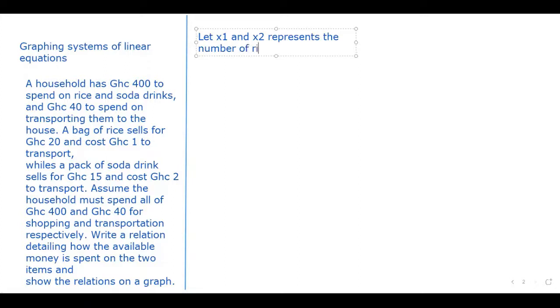Number of what? Rice and soda drinks. The number of, or the quantity, or the units. So when you are done, let's deal with the amount to spend. Now we are saying we are having 400 cedis to spend on rice and what? Soda drinks. So the decision variables are only two.